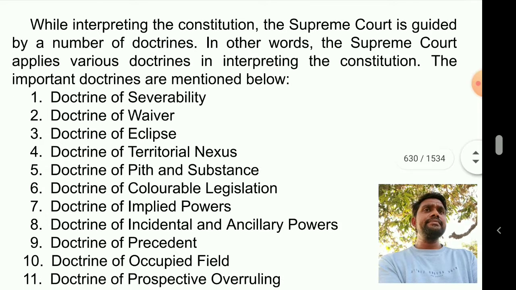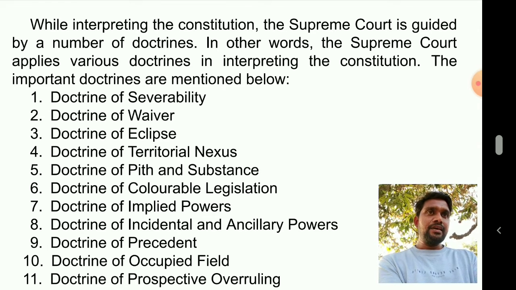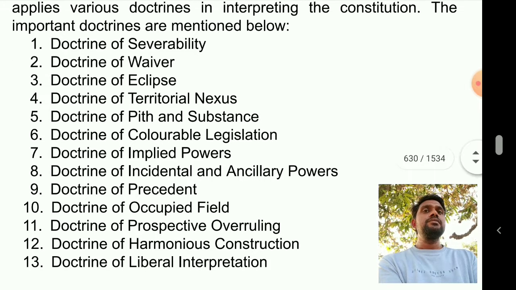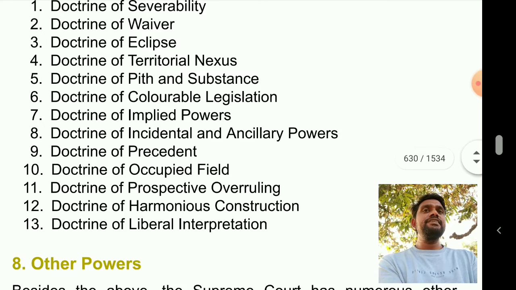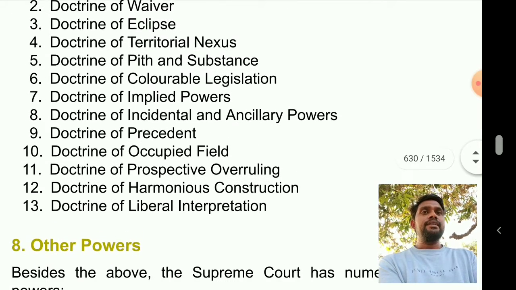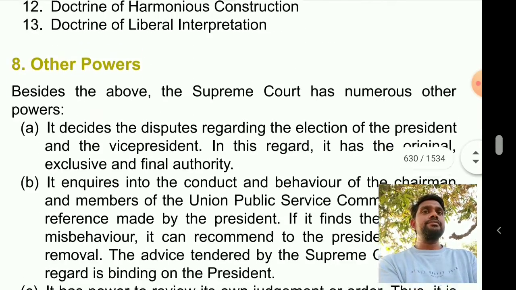While interpreting the Constitution, the Supreme Court is guided by a number of doctrines. In other words, the Supreme Court applies various doctrines in interpreting the Constitution. The important doctrines are mentioned below. You can see here are 13 doctrines. Okay.